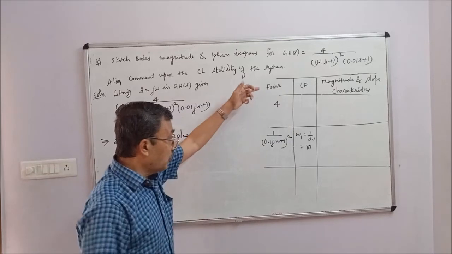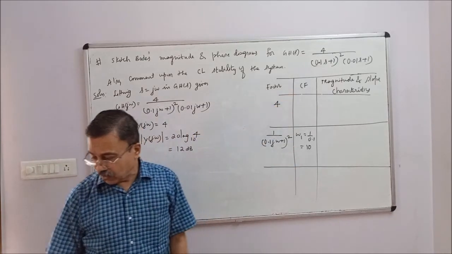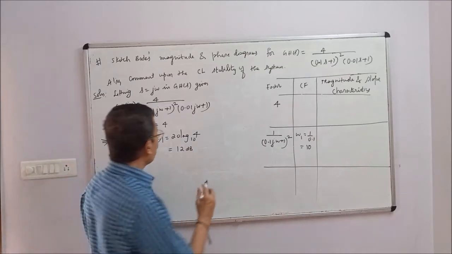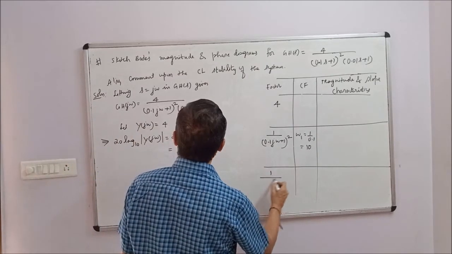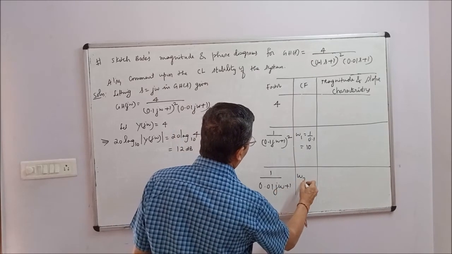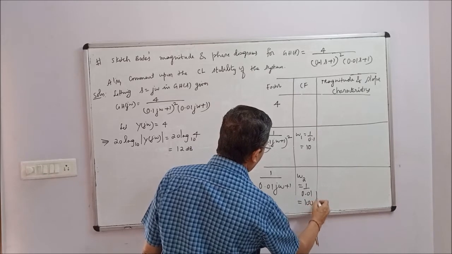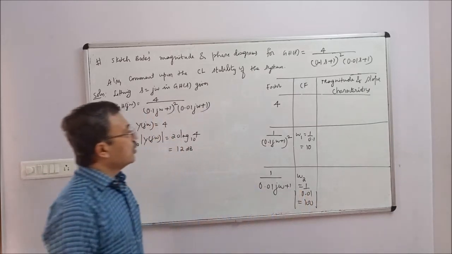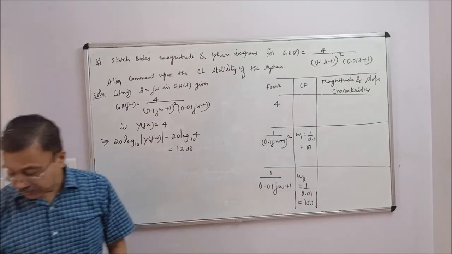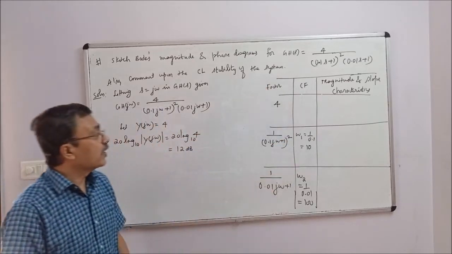The factors must be written so that the corner frequencies are in increasing order. Next is 1 over (0.01 j omega plus 1). Omega 2 is equal to 1 over 0.01, which is equal to 100. So the factors are written in the increasing order of corner frequencies.